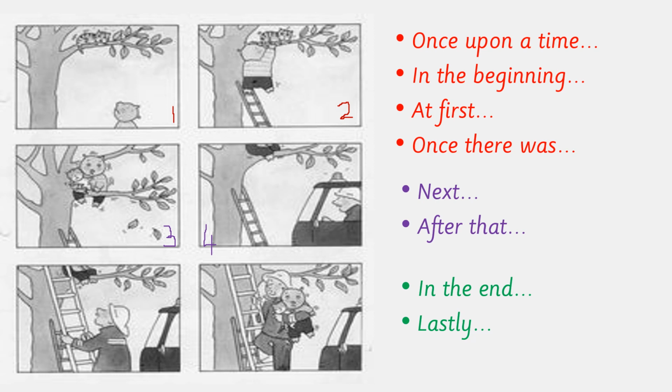Then leave a line open. Right, then you get to your ending of the story, which is your pictures number 5 and picture number 6. Okay, and here you can start with in the end or lastly or any other way that you choose to start the story. But this is how you are finishing your story.